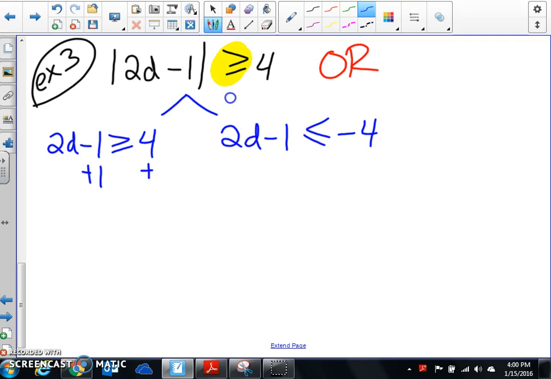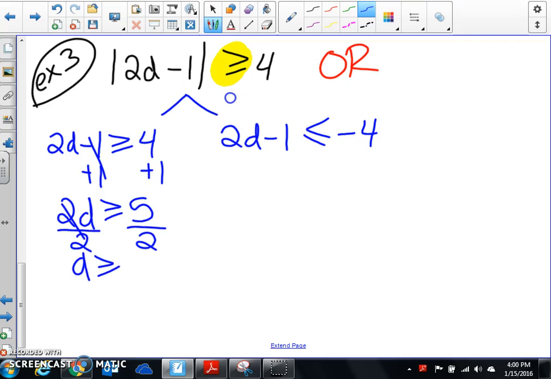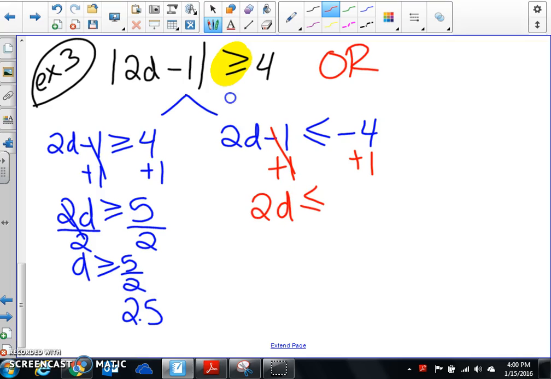So I add 1. 2d is greater than or equal to 5. Divide by 2. D is greater than or equal to 5 halves. For the people that are wondering what 5 halves is, if you put that in your calculator, it's 2.5, which is in between 2 and 3. Over here, I add 1. Negative 4 plus 1 is negative 3. Divide by 2. So d is less than or equal to negative 3 halves. Put that one in your calculator, it's negative 1.5.